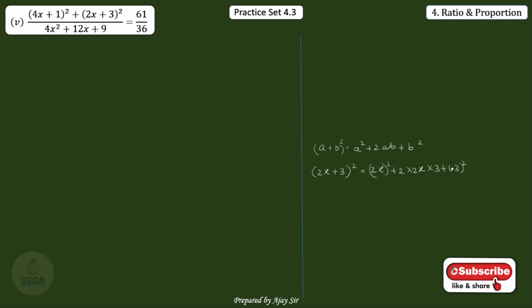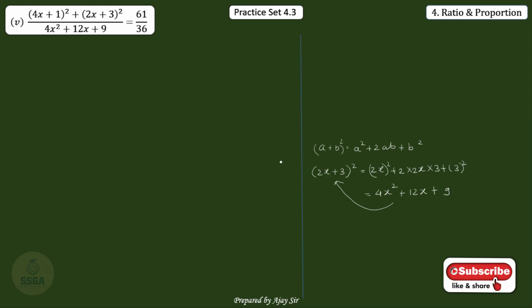That is equal to 4x square plus 2 into 2 is 4, 4 into 3 is 12, so 12x, plus 9. Therefore, instead of this term we can write this term directly. This term we can write instead of that term.